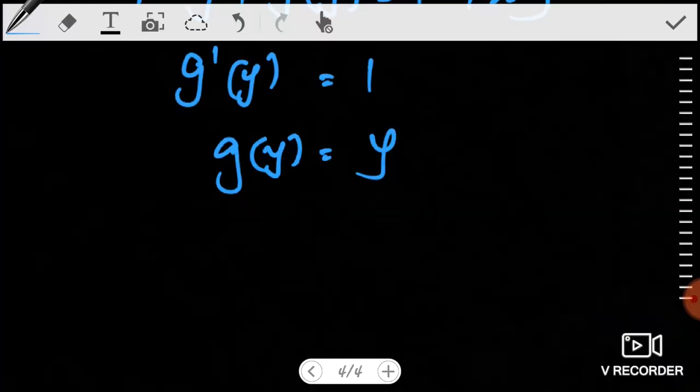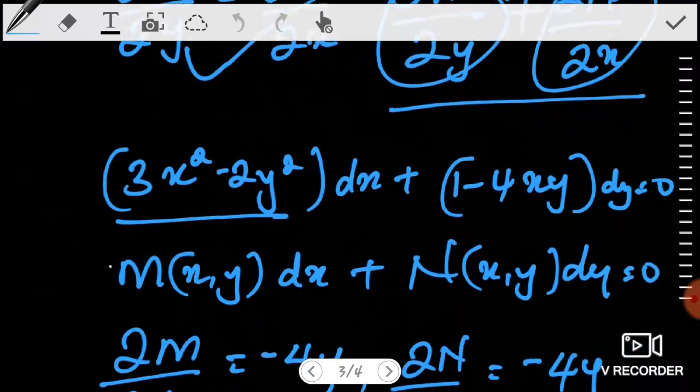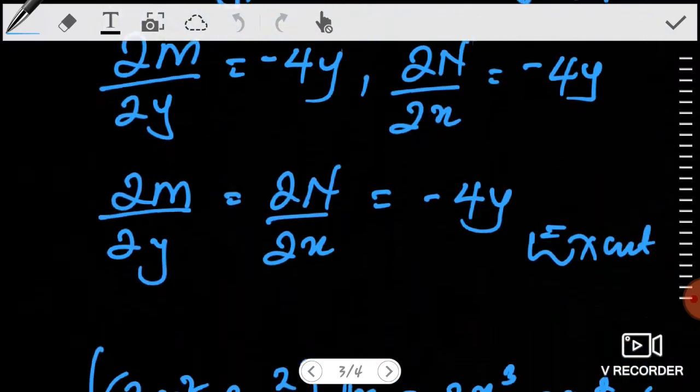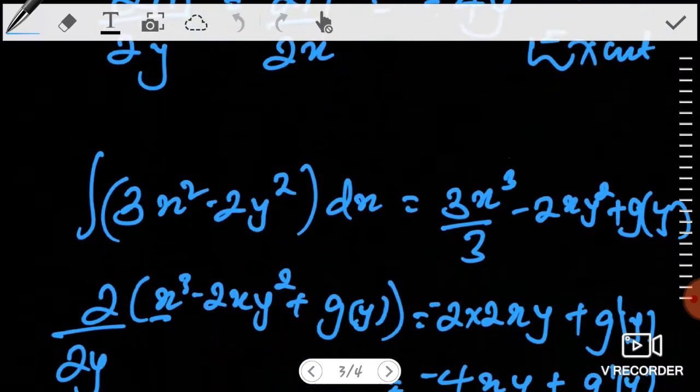Then our general solution, C, will be equal to what we integrated initially, right? In this case, we got something that was this after integrating. But now we are going to replace g of y with y, right? So x cubed minus 2xy squared plus g.